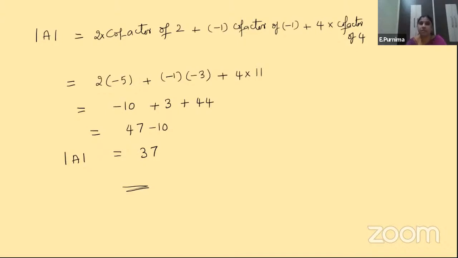Here, for the general matrix, I am writing, children, A1, B1, C1, A2, B2, C2, A3, B3, C3.